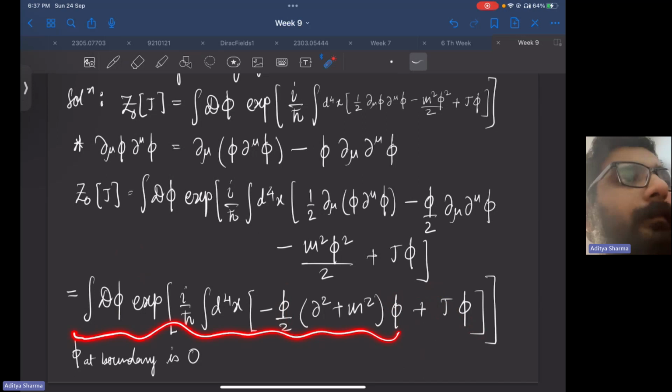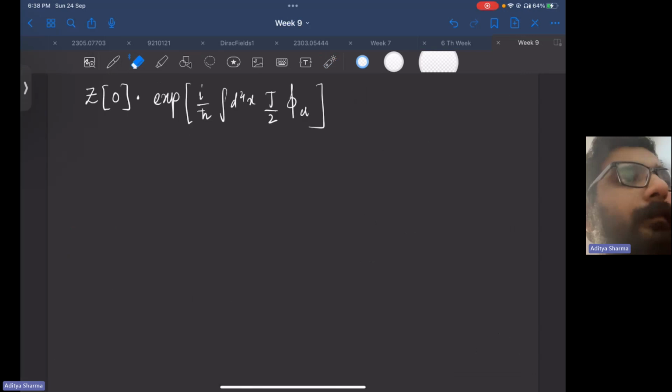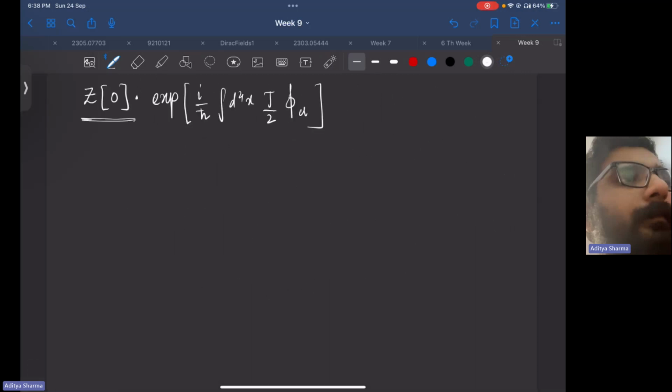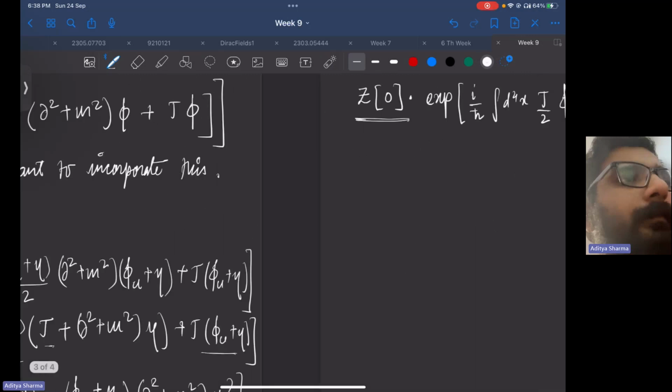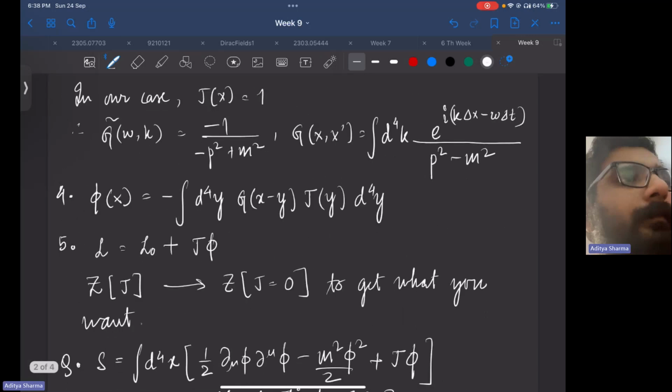So this part is just J subscript 0 with 0. So that is why this is Z of 0, and there's the other part which is this. Now this is the reason for finding the Green's function, because your phi classical can be written like this.